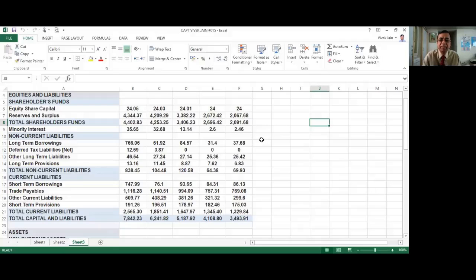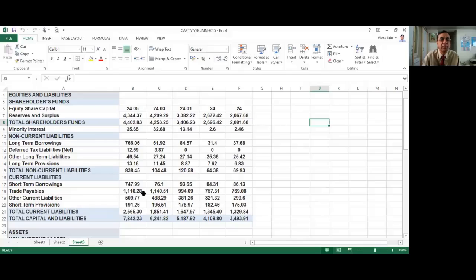And also with the COVID just starting, as we all know, the funds that were necessary for working capital and for equipments and machinery and for many other reasons were needed by the companies. So they have taken this loan. We will see probably in the next balance sheet how much of this loan has been reduced, whether it has been reduced or not.